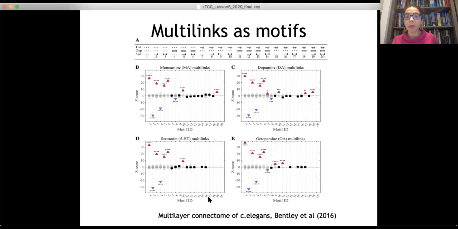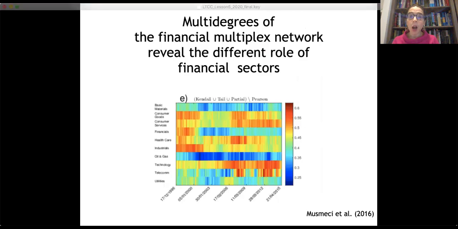And this is what is done, for instance, in this model for the multi-layer connectome of C. elegans. Or you can look at multi-degree, and this is a paper in which it was shown that the multi-degree can reveal the different roles of the financial sector in the financial crisis.